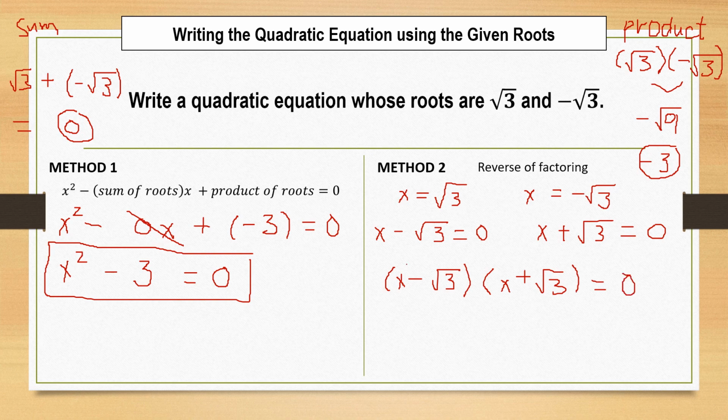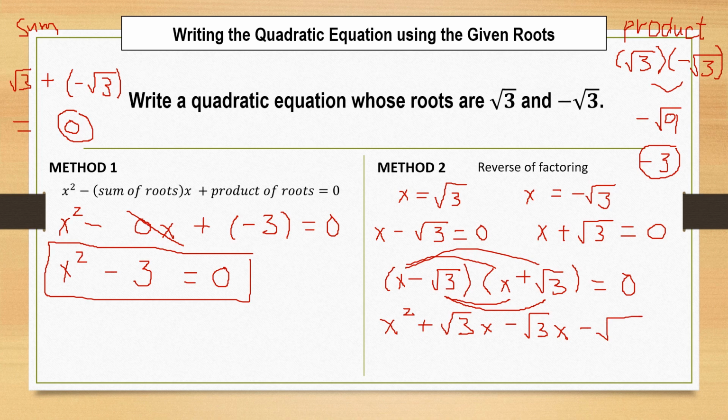Using the FOIL method, we have x times x, x squared. x times square root of 3 is positive square root of 3 x. Negative square root of 3 times x is negative square root of 3 x. Negative square root of 3 times square root of 3 is negative square root of 9. Let us simplify.